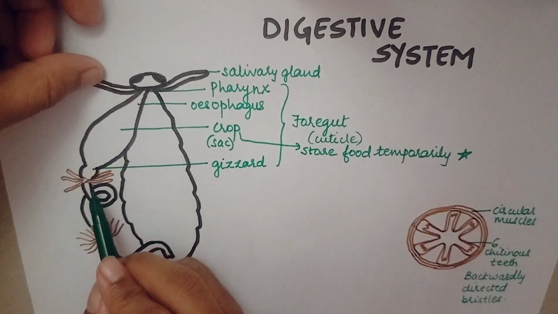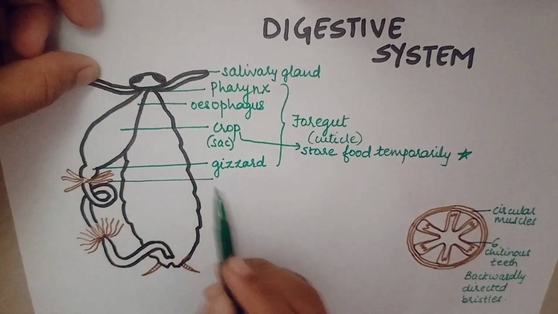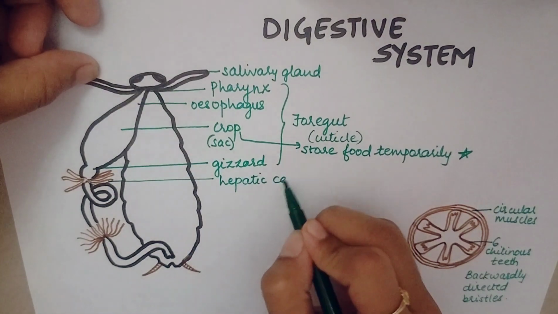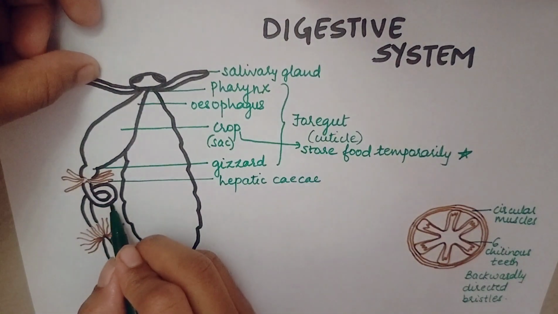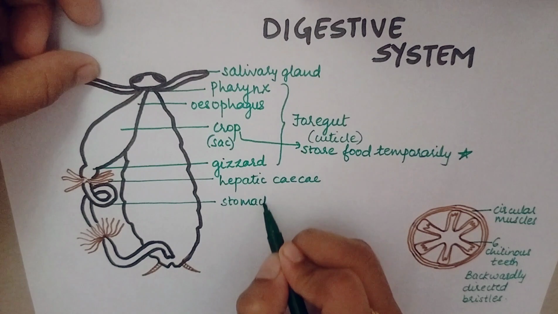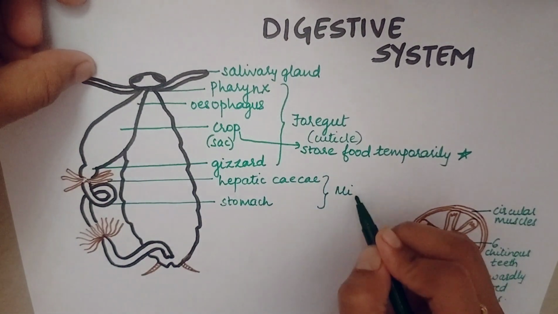After this, we have the midgut of the cockroach. This structure over here is the hepatic caeca, and the next structure after that is the stomach of the cockroach. These 2 structures together form the midgut.